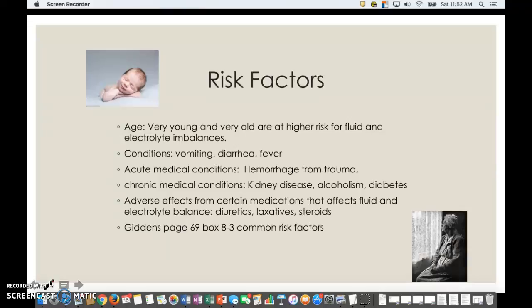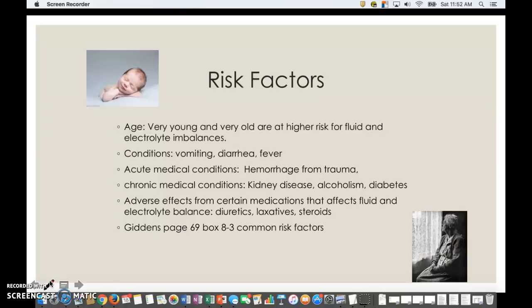Remember that infants' body weight is 80% water, and for the very old, their body weight is 40 to 45% water. So it's much different than an adult. For the very young, their kidneys are not yet fully developed.